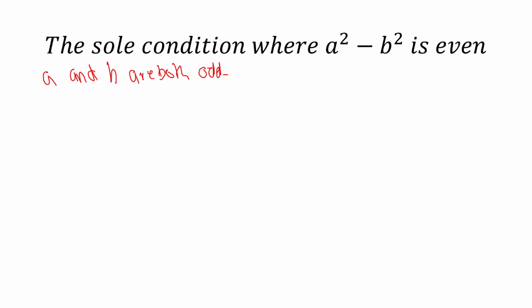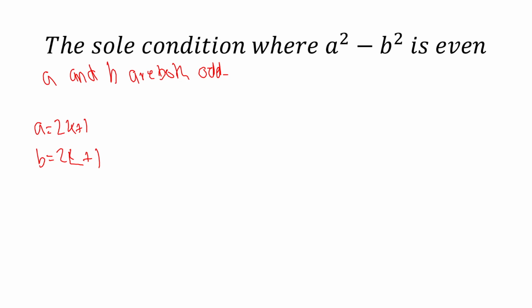But for the time being, we assume that a and b are both odd. So let's say that a equals 2k plus 1, and b equals 2L plus 1. If k is any number, 2k plus 1 makes it an odd number. If L is any number, then 2L plus 1 makes it an odd number.